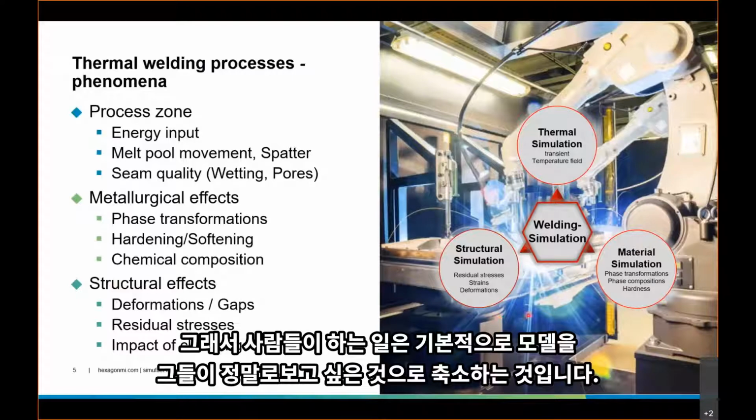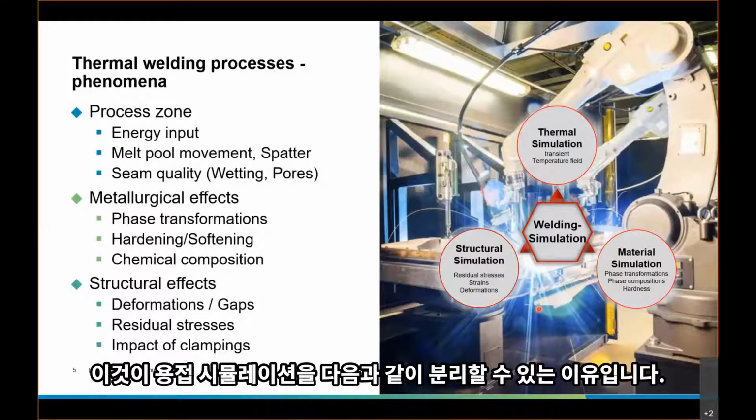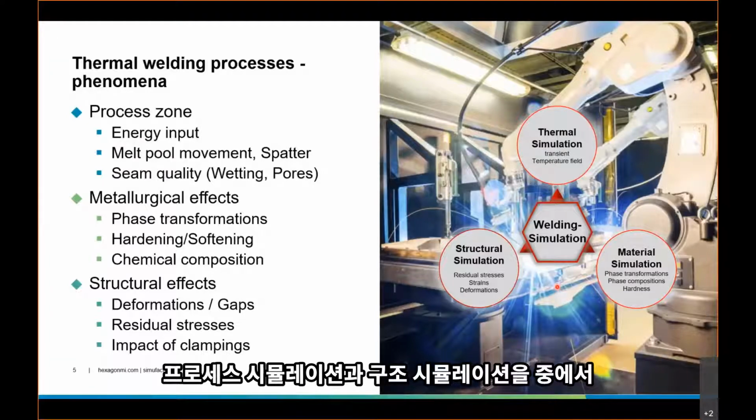So what people do is basically reduce the model to what they really want to look at. And this is why welding simulation can be separated into, let's say, process simulation and structural simulation.